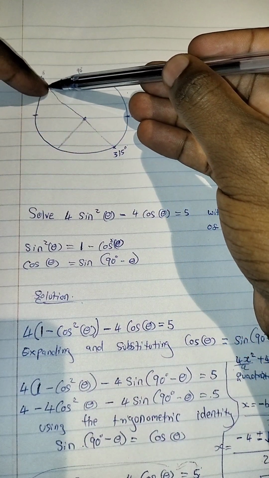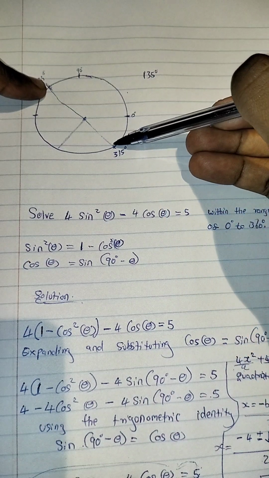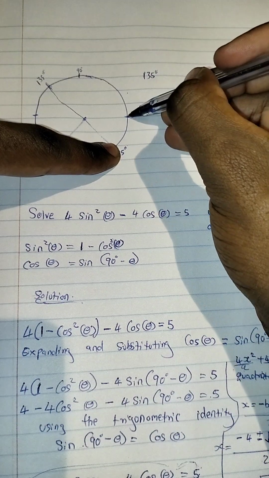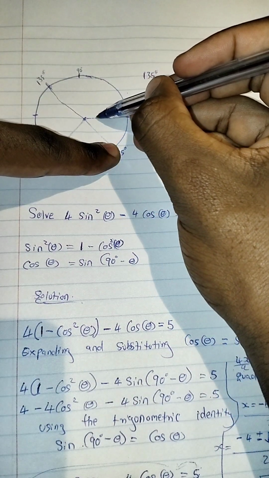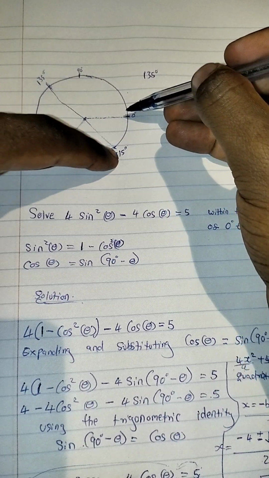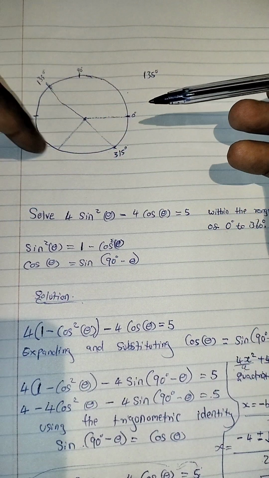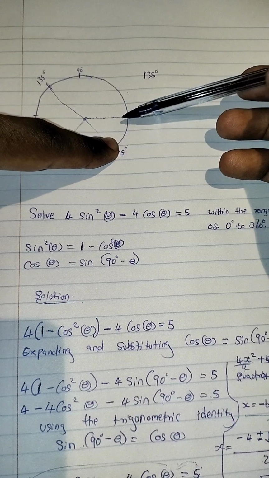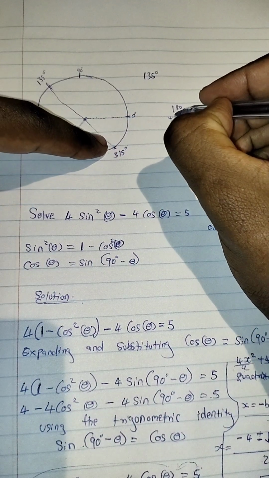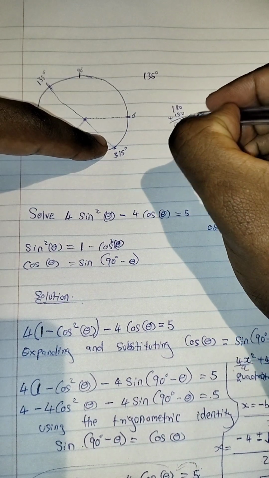So my 180 will be here, then plus 315. This will give me 180 the first move, the second move, that's 180 plus 180, so that will give me 360 degrees.